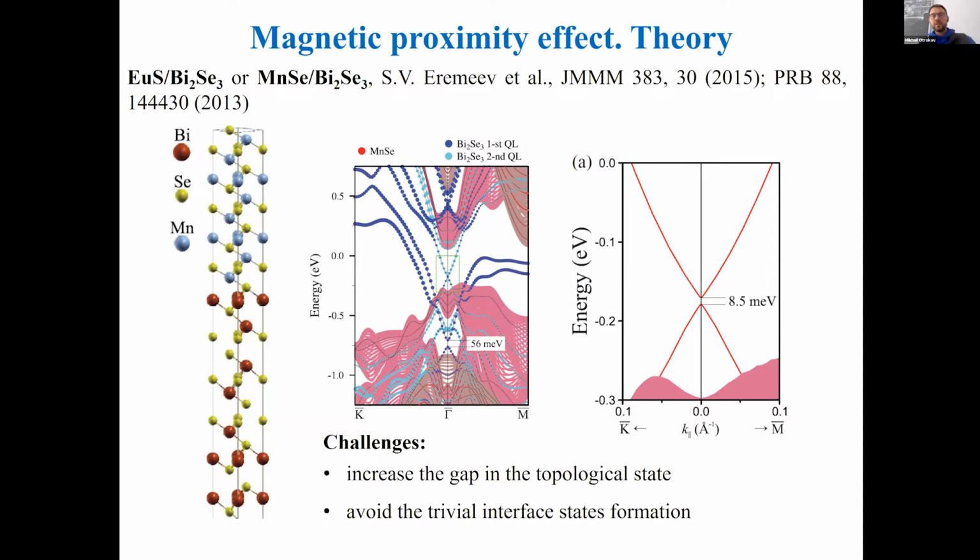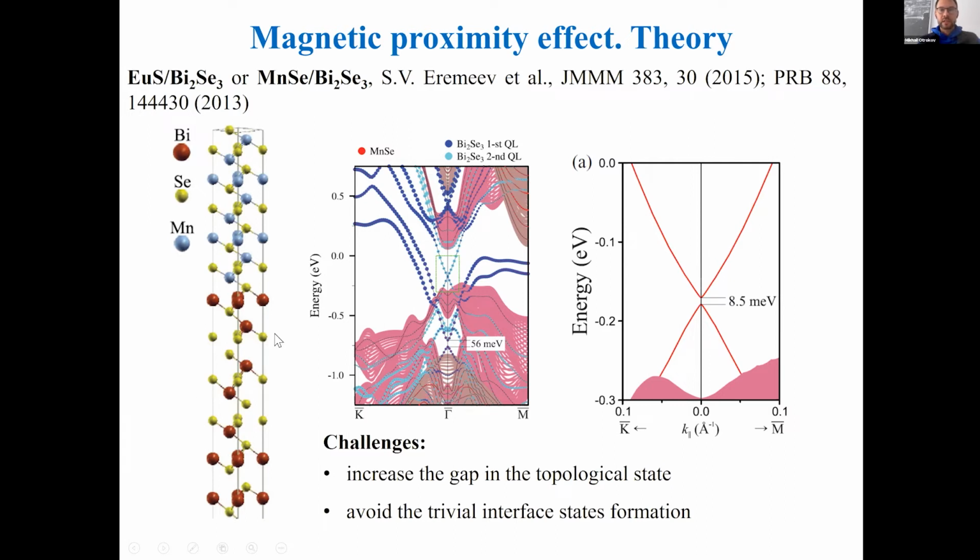Since it is very difficult to measure the electronic structure in experiment, the DFT calculations can provide important insights in this sense. And these calculations have been performed for such systems like europium sulfide or manganese selenide interfaced with bismuth selenide, as shown here.